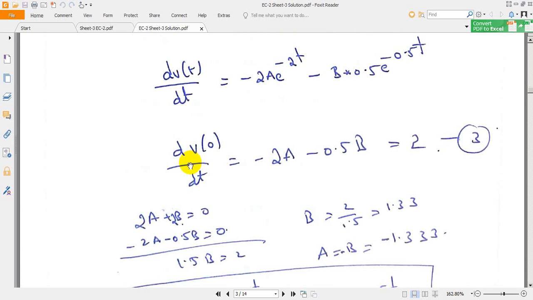This is the procedure. Generally we differentiate, we get one expression, and then we differentiate it with respect to time. Once we differentiate this, we need to substitute the initial conditions at t equal to 0.